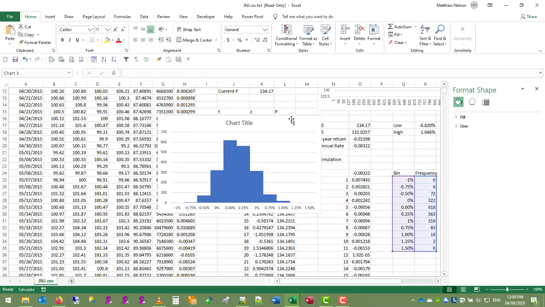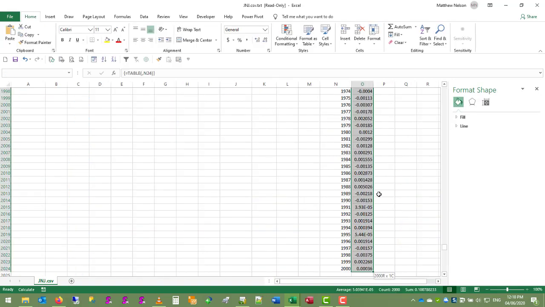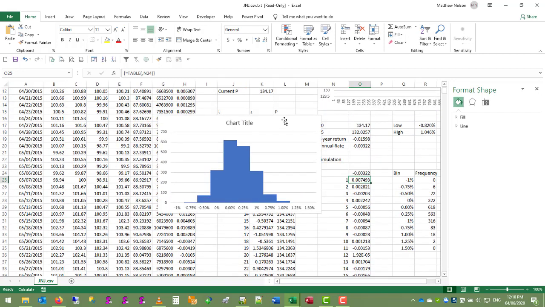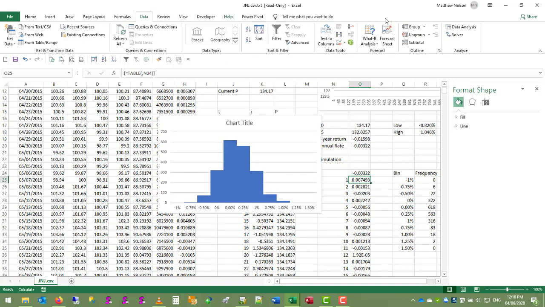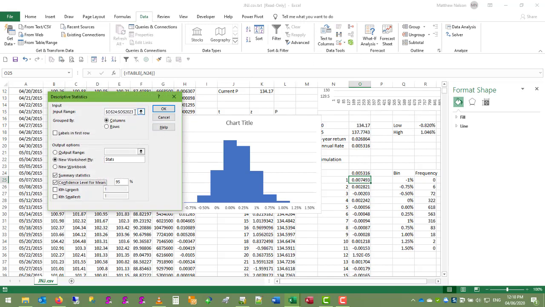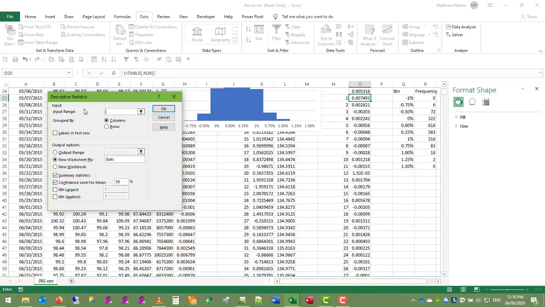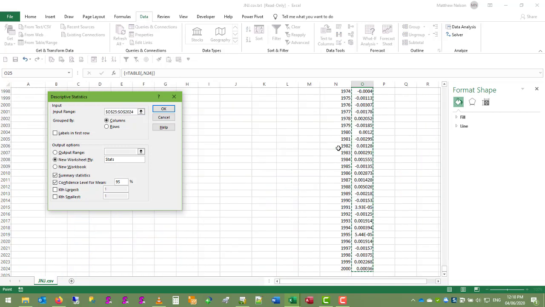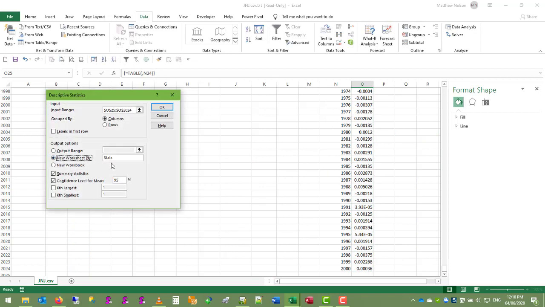Now, in terms of our expectations for this projection, we can take our simulation and do descriptive statistics. So to do that, we go to the Data tab, then Data Analysis, Descriptive Statistics, and we're going to clear the last inputs. We're going to make a new worksheet called Stats, Summary Statistics with confidence level for mean of 95%.